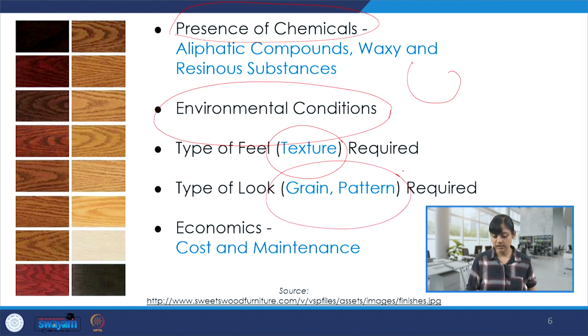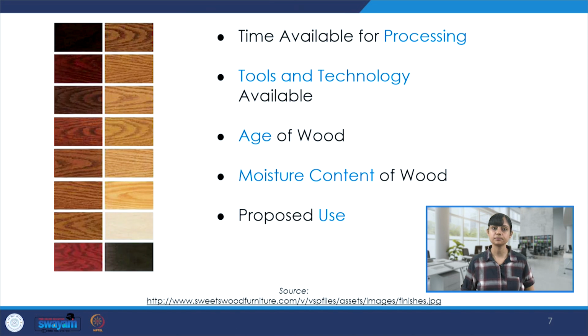Also, the kind of grain and pattern that would give a certain appearance or look or aesthetic aspect to the project or the product where they are utilized. And also, what is the economics behind procuring and applying that timber, or including the maintenance and operational aspects.